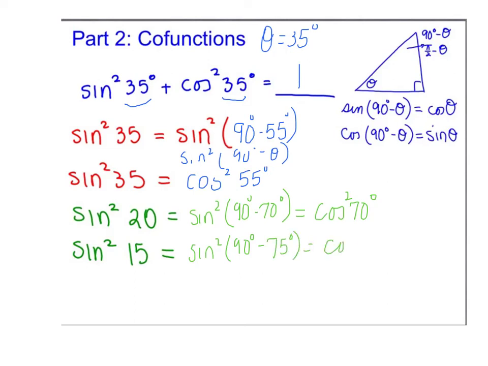So this would be equal to the cosine of 75 degrees. So the sine of 35 degrees is going to be equal to the cosine of 55 degrees, and so on and so forth, because you're looking at actual angles there for the cofunction.